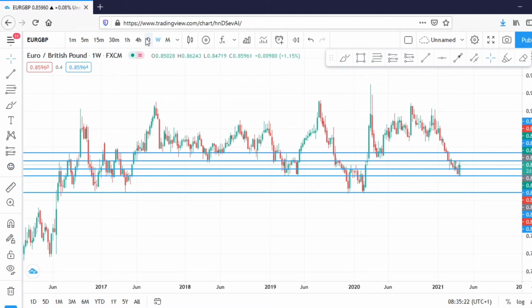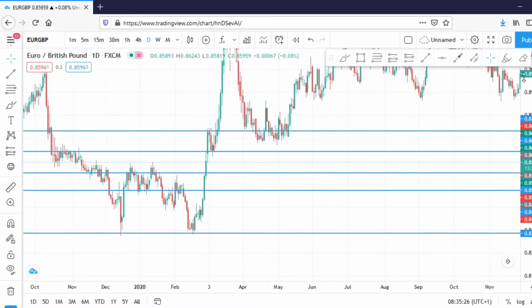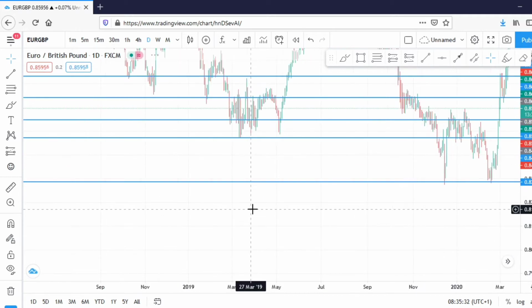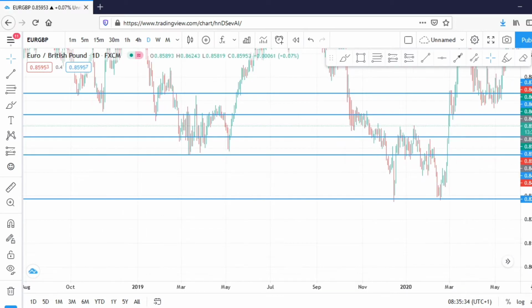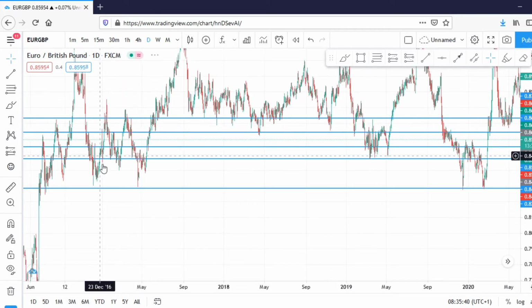So let me go to the daily time frame. If we go to the daily time frame, and let's move back a bit, on the daily time frame you can see clearly, this is the level we're looking at.